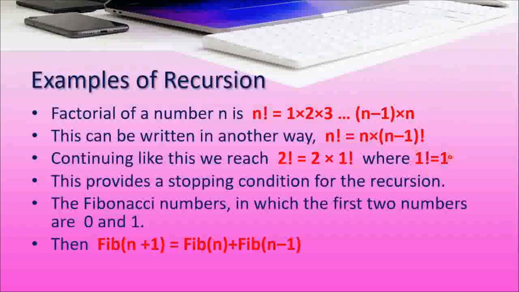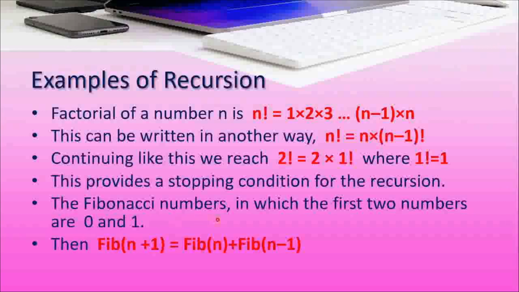So this is the stopping condition. For a recursive function to find out a factorial of a value, the stopping condition is 1 factorial equal to 1. And this is one example of recursion.